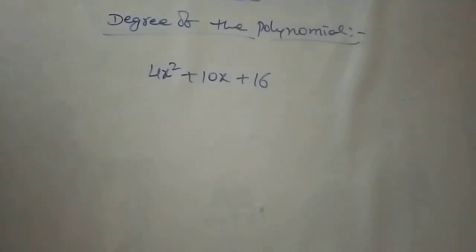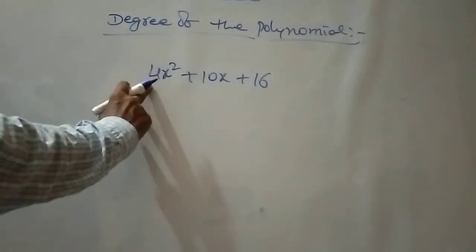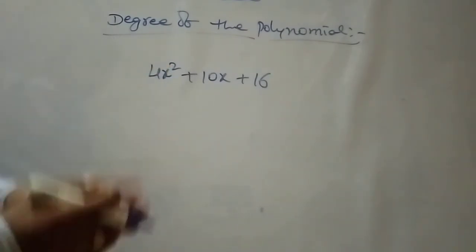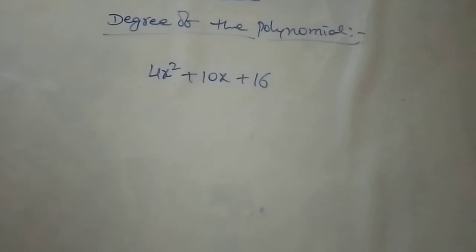The next subtopic is degree of the polynomial. Here I give one example which has 3 terms: 4x square, 10x and 16. Now observe 4x square. What is the degree of the term? First we need to know the degree of a term.